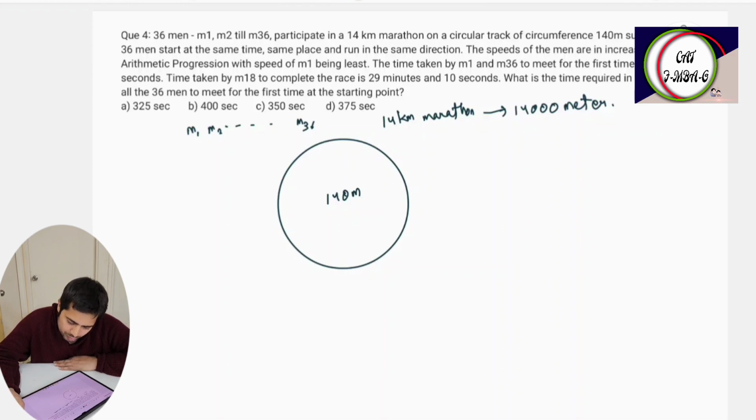Okay, and they start from the same place, same time. So M1, M2, M3 to M36, they start from the same place, same time.